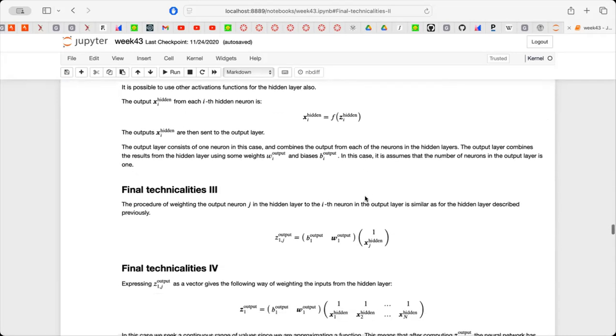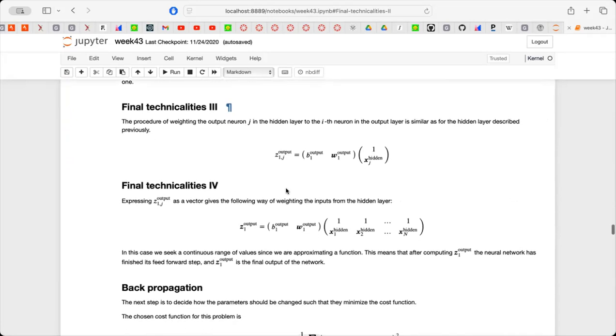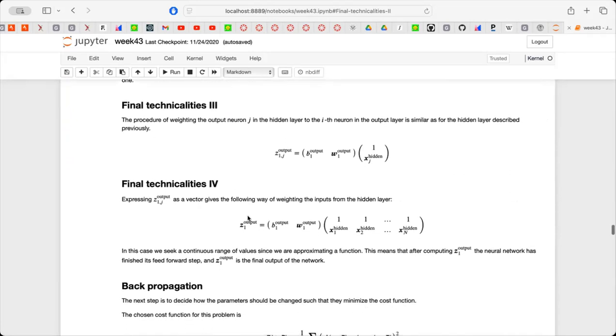And then we continue. We have the output layer, which now contains the weights of the output. It contains the output from the hidden layer, which I just labeled as an x here. And then we have the final technicalities with the output, which normally, when we have a regression type of problem, this is not a classification problem, then the output is simply the output from the output nodes without being modulated by an activation function.